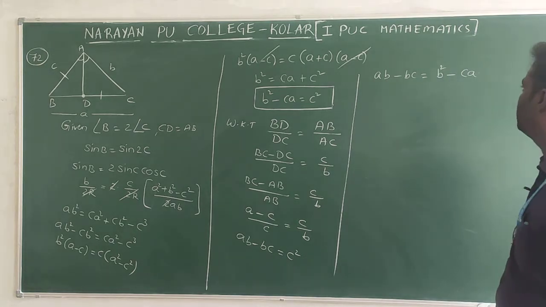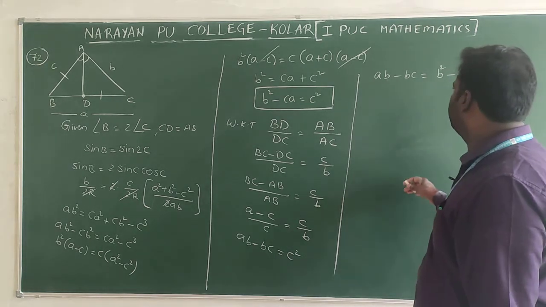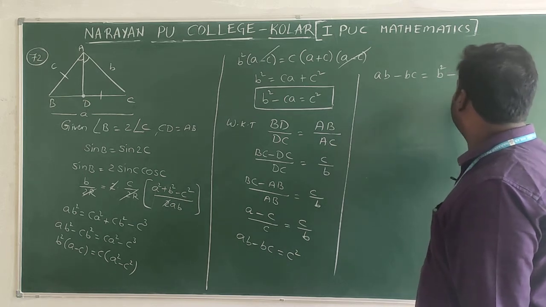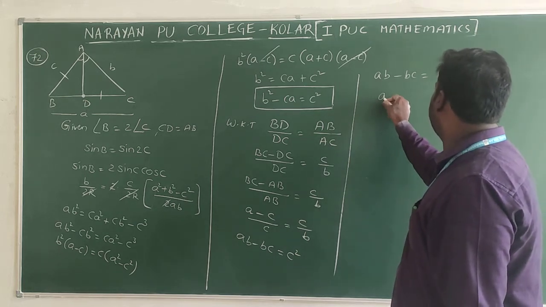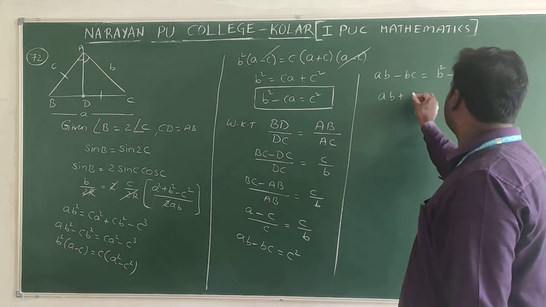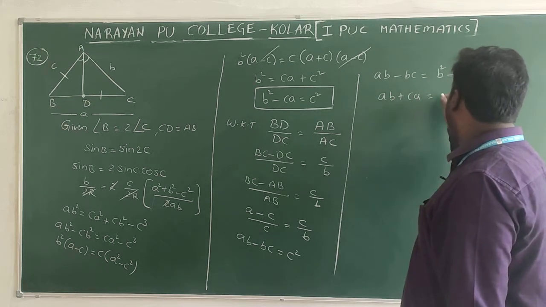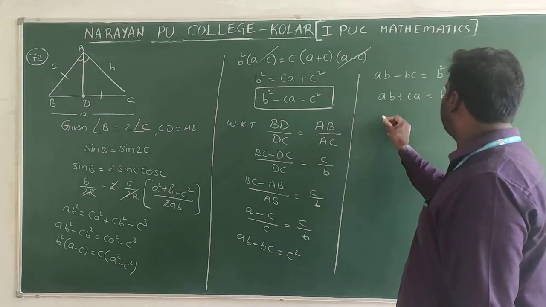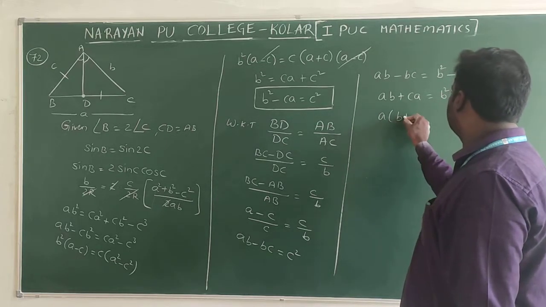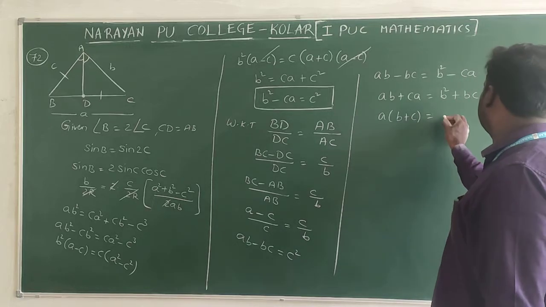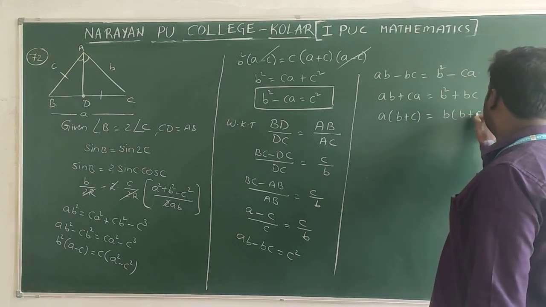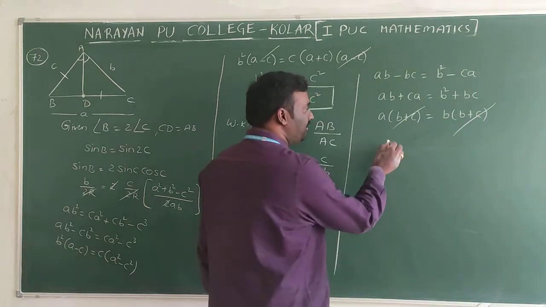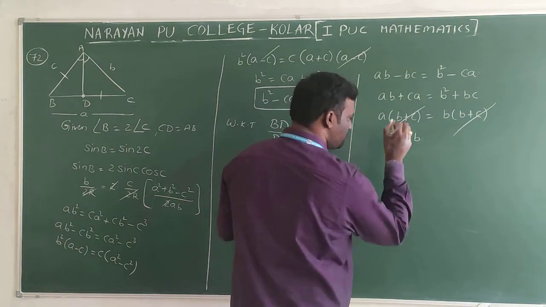So from this, we need to find angle A. Then we can take ab plus ca is equal to b square plus bc, or you can take a common, b plus c, b common, b plus c. B plus c gets cancelled. Then finally we got a equals b.